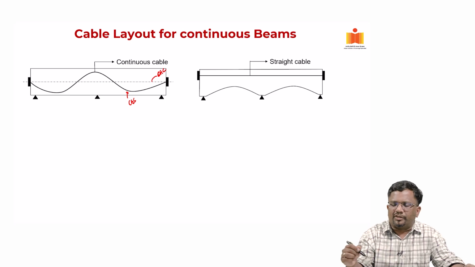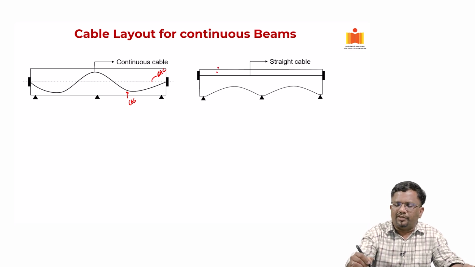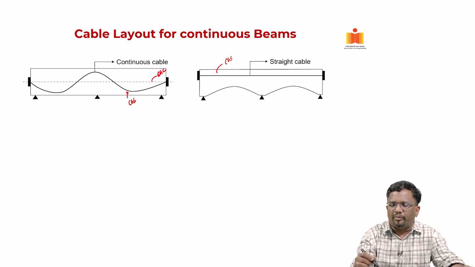So, in this next example, you see here the CGS is pretty much constant, right? However, the CG of the concrete element is going to change depending upon the cross section. It is going to follow the profile of the beam itself, somewhat like this, right.